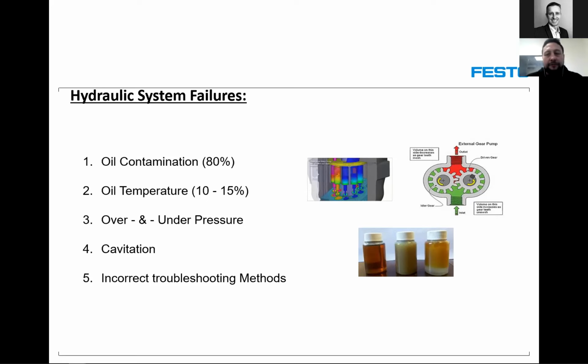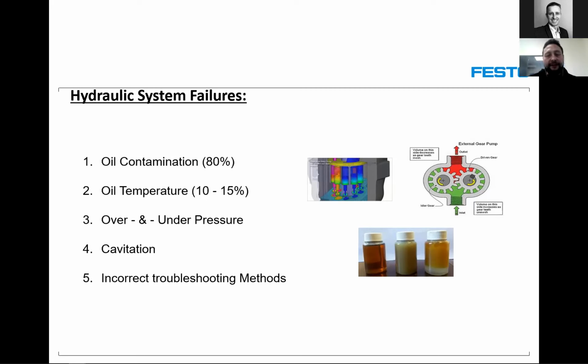I cannot just remove a pipe from a hydraulic system and check if there is oil coming out of the pipe. That's not as easy as with pneumatics. So with hydraulics, you need to have a background of hydraulics. You need to understand the principles. You need to know where it comes from and why that is the principle you're going to apply to hydraulics in a certain situation. And then you need to form a hypothesis based on what you know.